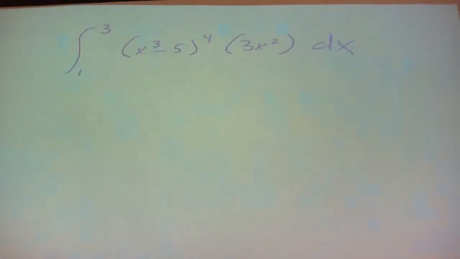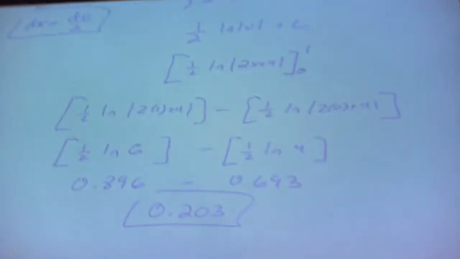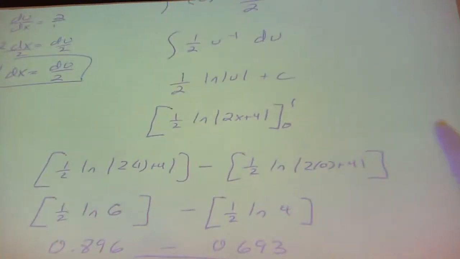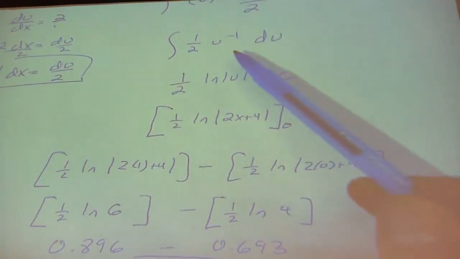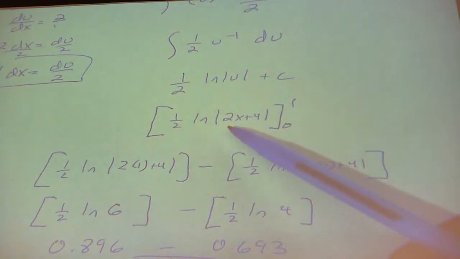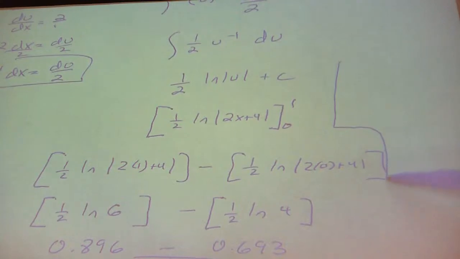Oh, actually, let me back up a minute. There's something I want to teach you that's optional. I honestly prefer you to do it this way, but I need to show you other ways. So let's look at this one real quick. We did U substitution. I have U, and then I went back to X. Everybody with me? I'm going to draw a line here.